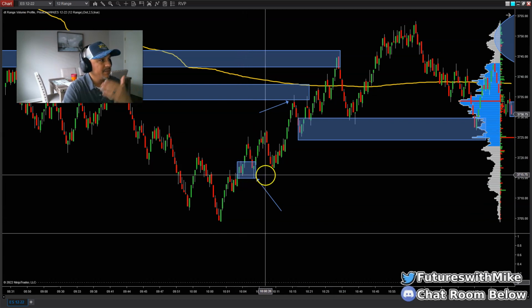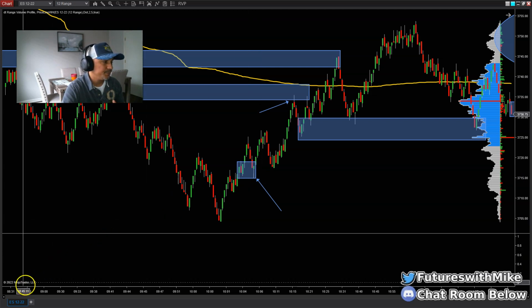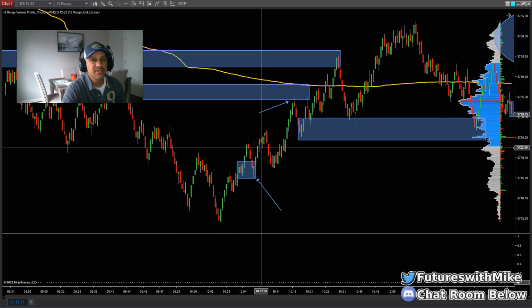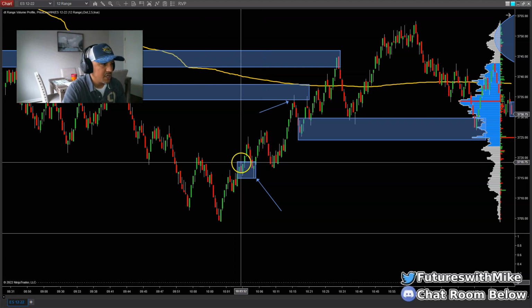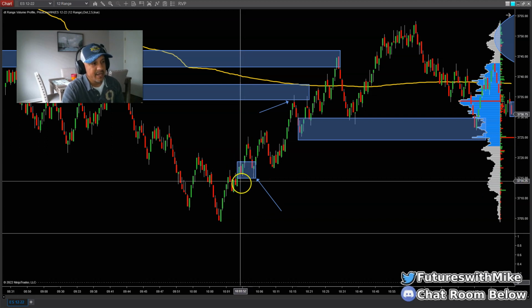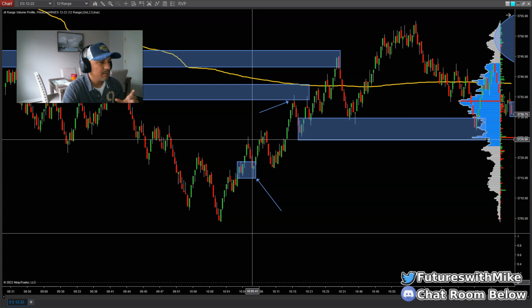I draw my demand zones from the last red candle, the deepest red candle within the area of a swing, okay? So we got a push up, pull back, breaks higher. Here we don't have many red candles because it's a small little swing, a small little zipper before it moved to the upside.